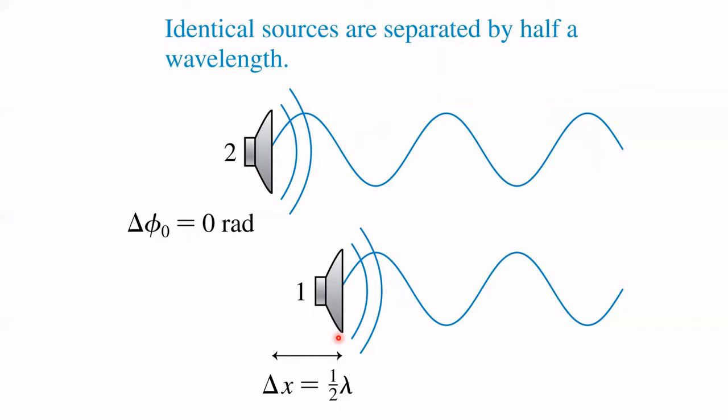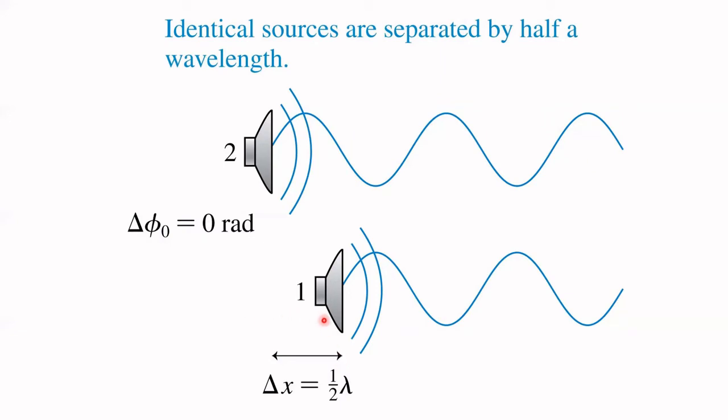Okay? So the contribution from the phase constants is 0. There's no difference in their synchronization in time. But because they're half a wavelength apart, we introduce a phase shift, we say, of pi radians. All right, because you're going to see this again in the slideshow, but I'll summarize right now.